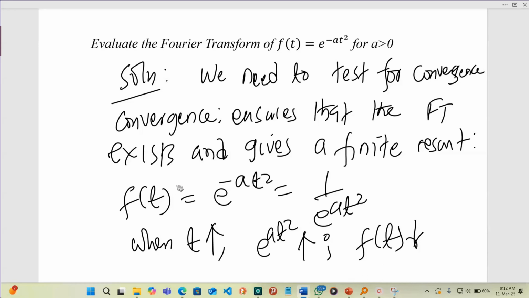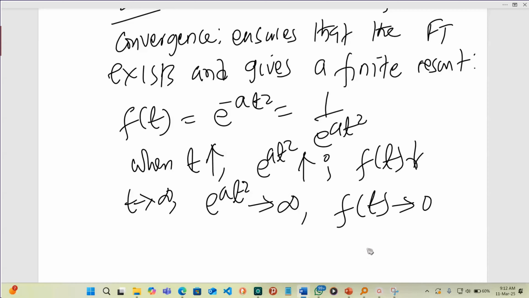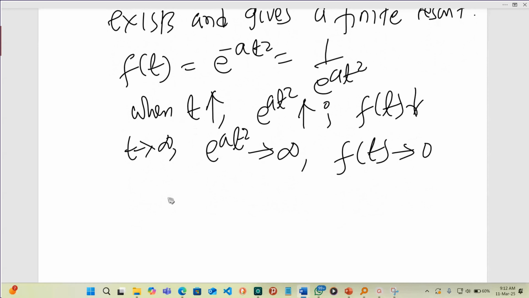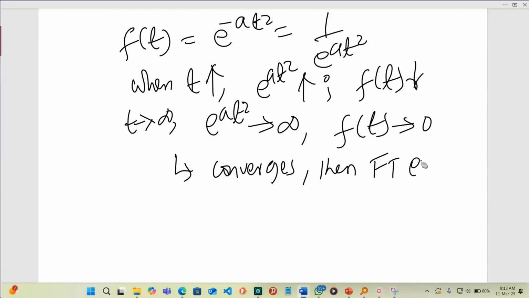So with t going to infinity, a t squared also goes to infinity, and therefore f of t goes to 0. So this function will converge as t goes to infinity. Since it converges, the Fourier transform exists.